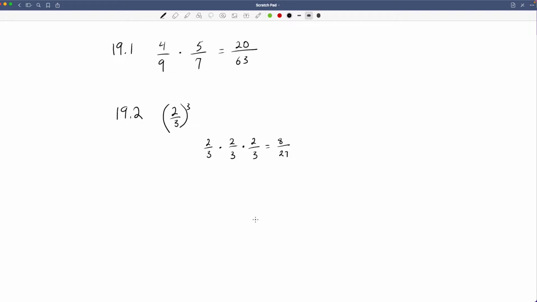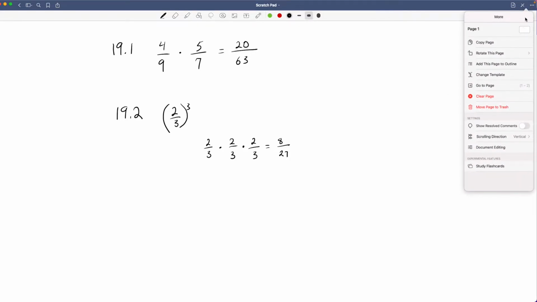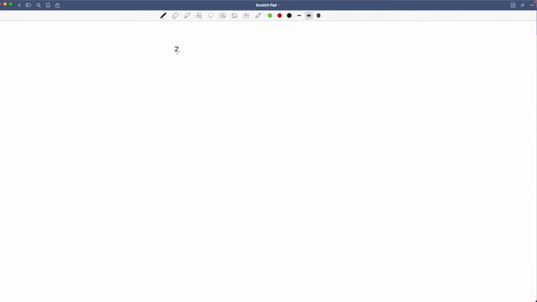If the numerators and denominators contain common factors, it's helpful to simplify before multiplying. The terms of fractions may be reduced before they are multiplied. So let's look at an example of that. If I had 3 over 8 times 2 over 3, I could reduce that before I ever do the multiplication.